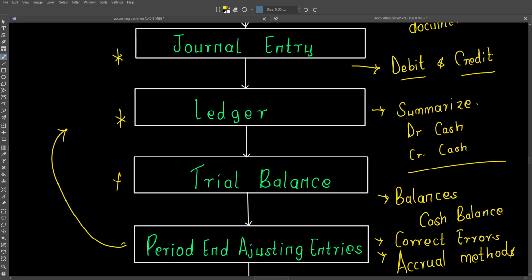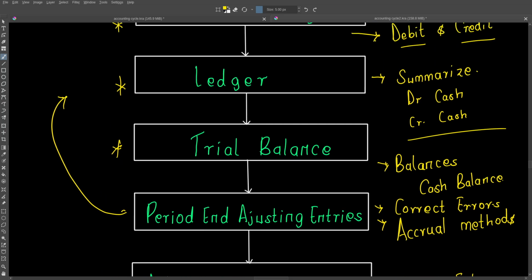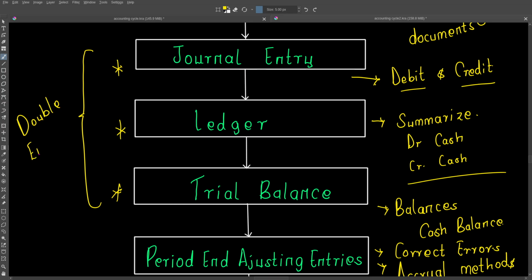We are going to look at the trial balance and how we come up with it. You are going to find this in module 2. That is basically the double entry, because here we use the double entry accounting system. The principle behind it is the accounting equation.